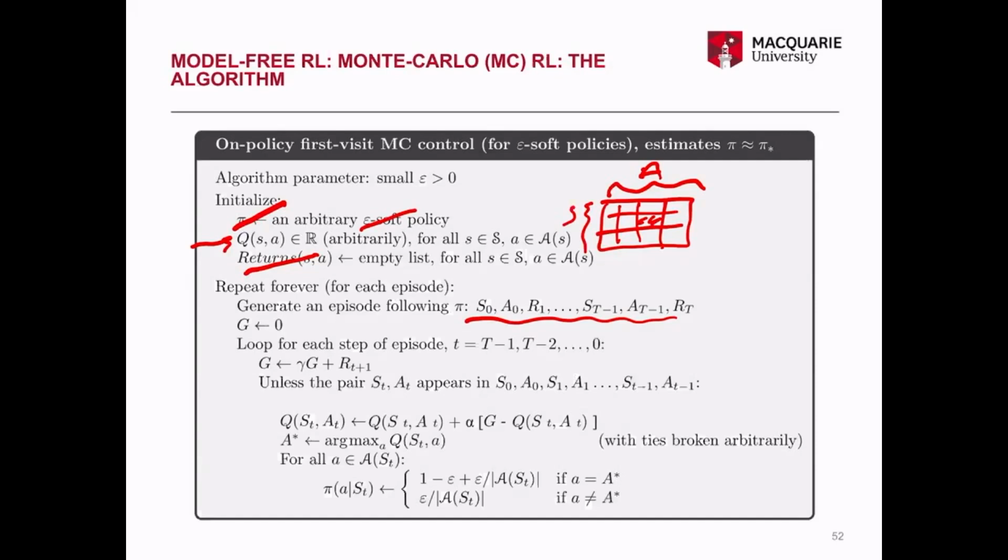Now, in each step of the update process, we get the return G associated with one particular state and action, and this return is some sort of ground truth. So this G is like a ground truth or a sample from the environment, which helps us to know how far our approximation was.